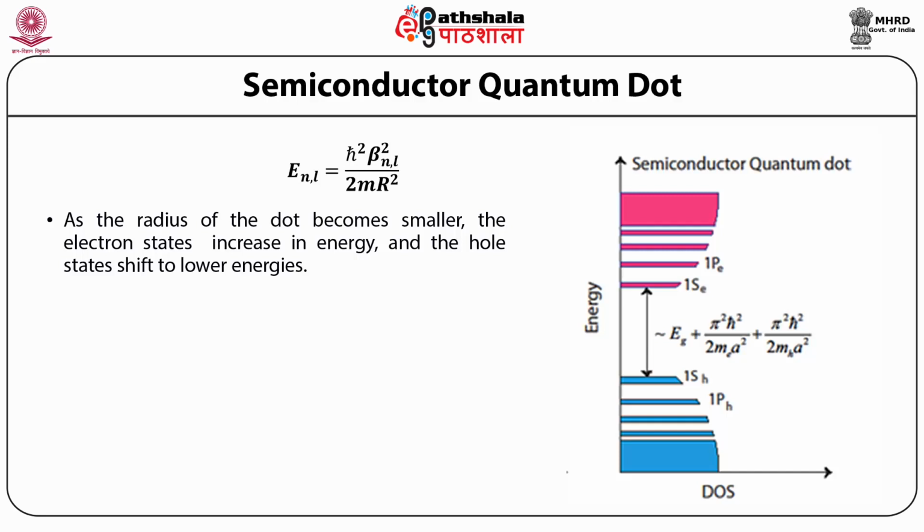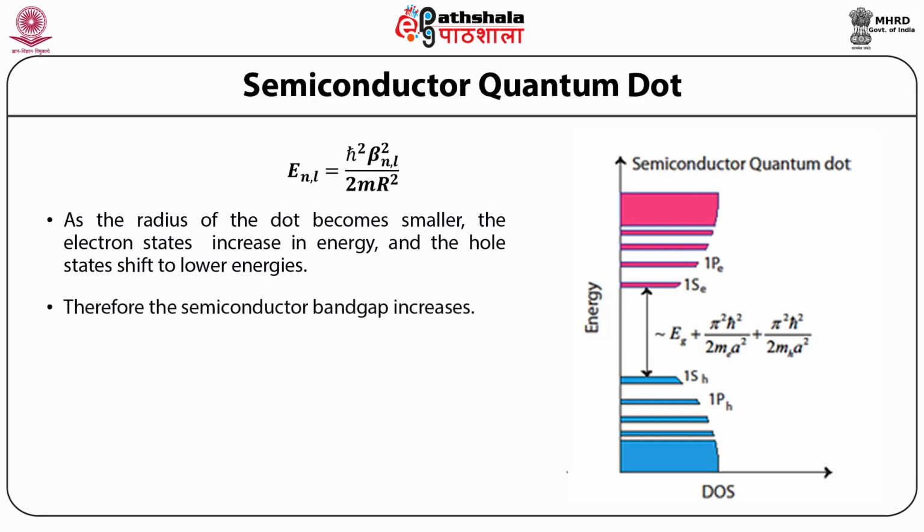As you can see in this figure, which shows the variation of the density of states with energy, the energy separation between the highest energy level for the holes and the lowest energy level for electrons is approximately equal to Eg plus π²ħ² by 2me a² plus π²ħ² by 2mh a².